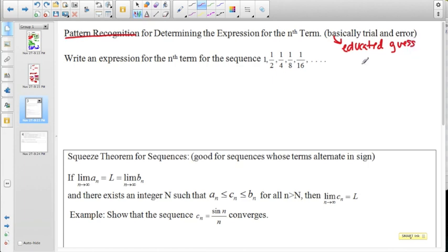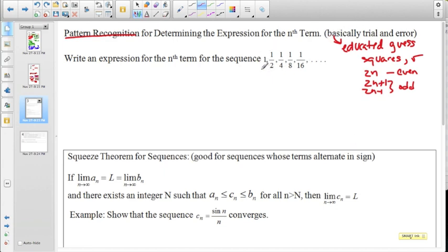In other words, know things like know patterns of squares and square roots. Know that 2n is always even. Know that a 2n plus 1 or a 2n minus 1 is always odd. So, if we can kind of make an educated guess, it'll help us.